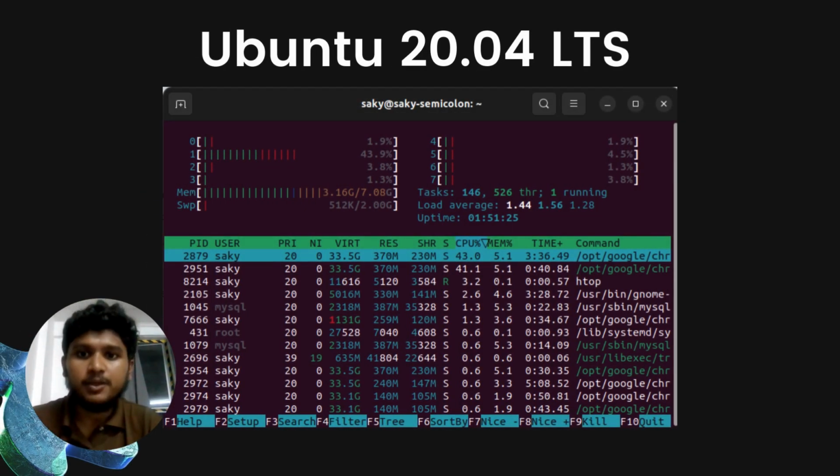From the figure shown here, the memory consumption, as you can see, is 3.16 gigabytes out of 7.08 gigabytes. So about half of the memory was used at that time. And for swap memory, which is kind of extra available memory, it is 512 kilobytes only out of 2.00 gigabytes.